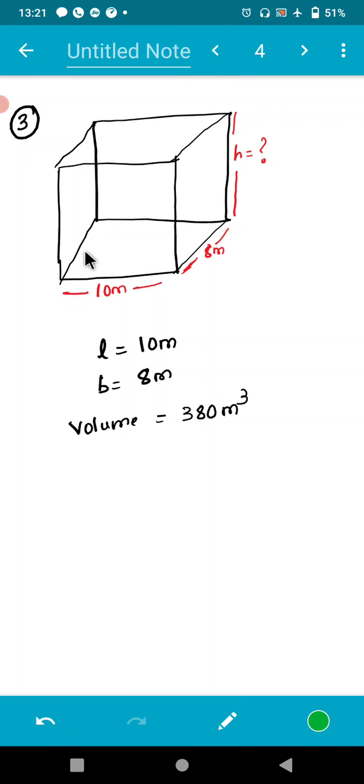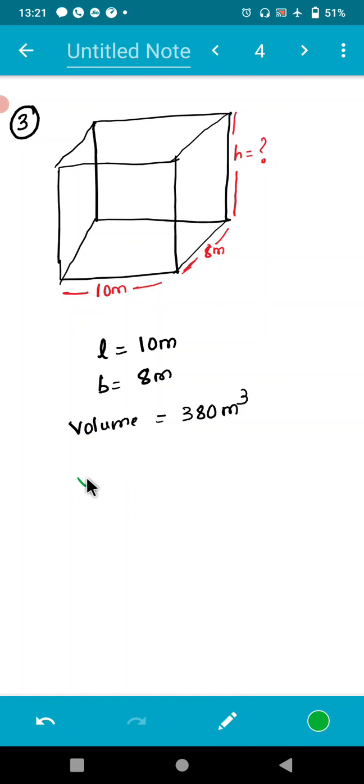So see, I have already drawn one cuboidal vessel. Now this length is given 10 meter, breadth is given 8 meter, and height is unknown, and volume is given 380 meter cube. Since you do not have to find out the volume this time, we can always compare the formula with this value. Okay, because both are volume only.